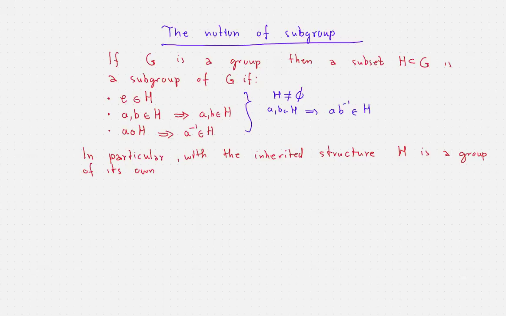But I wanted to mention these three conditions because they're a little more revealing about what is going on, which is that what we have is a group of its own.